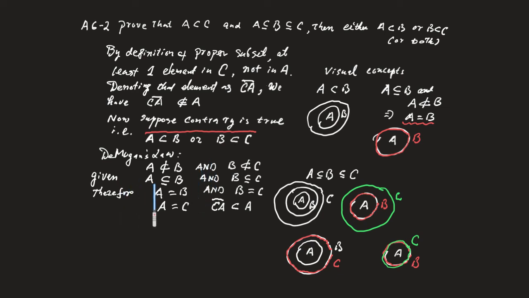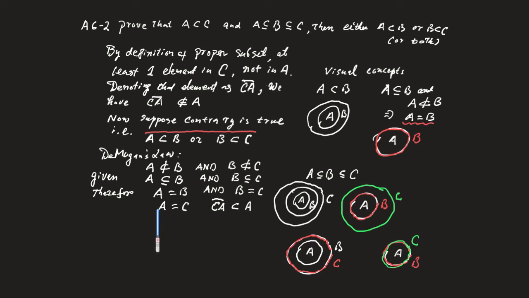Now, this is the given: A is a subset of B, and B is a subset of C. With these two, as we have just discussed visually, in this situation, A is actually equal to B, and B equals A. At the same time, we can conclude that B equals C, and C equals B. So A equals B, B equals C, therefore C equals A. That's general common sense.